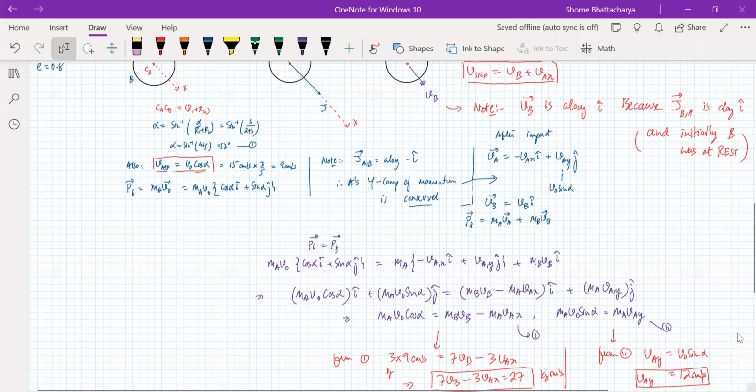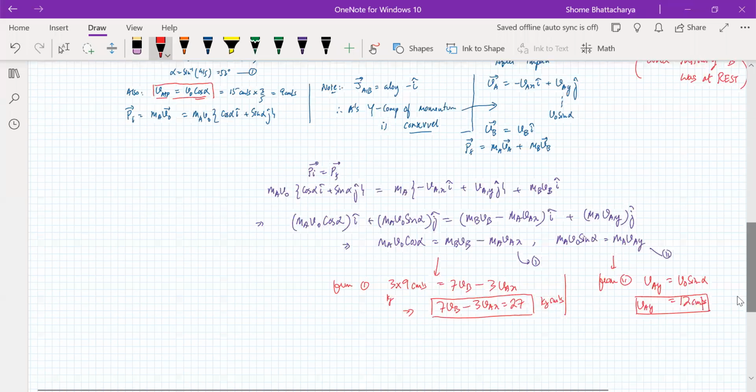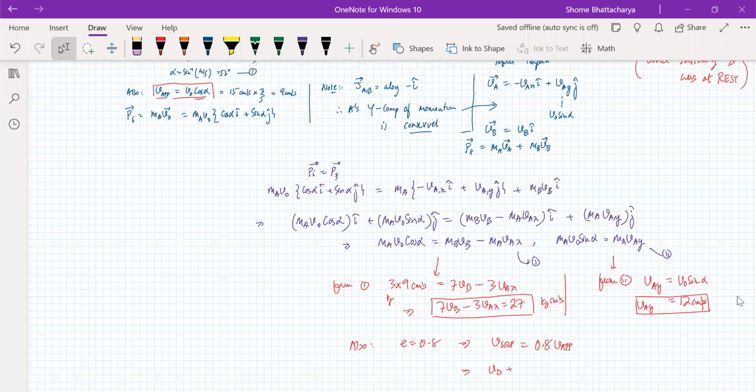Now, the third piece of the puzzle is the coefficient of restitution. Also given to us is that e is equal to 0.8, which means that separation velocity is 0.8 times approach velocity. Above we had written separation velocity as VB plus VAX, because VAX was in the negative i cap direction, and that is equal to 0.8 times V naught cos alpha, which we know is 9 from above.